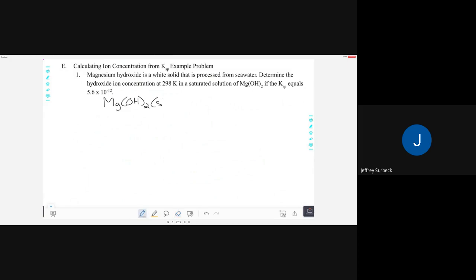There we go. Solubility, and then we have this Mg2+, which is AQ, plus OH minus, which is AQ. Now, we're missing something with the OH minus. Anybody know what that is?